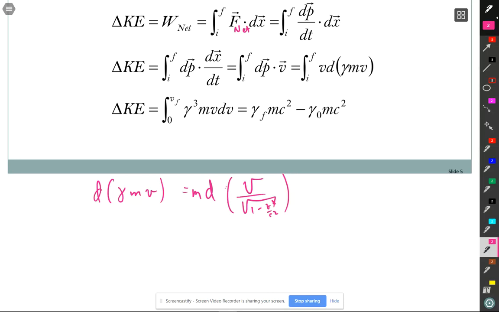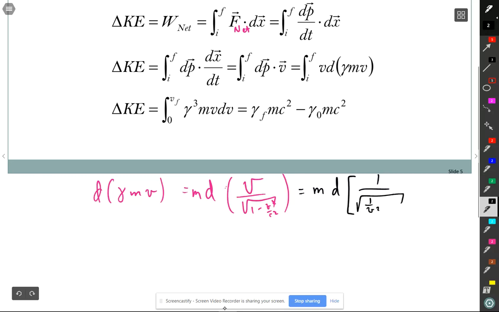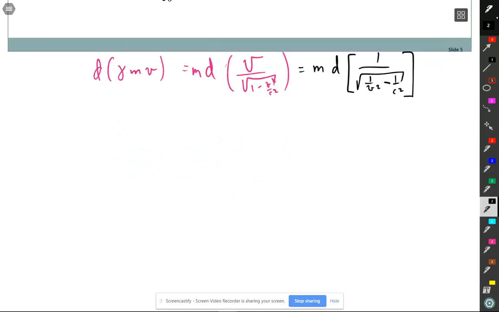I could probably simplify this a little. I'm doing that so I don't have to use the quotient rule. So I'm going to write this one last way to make it still simpler for us to do the actual math.